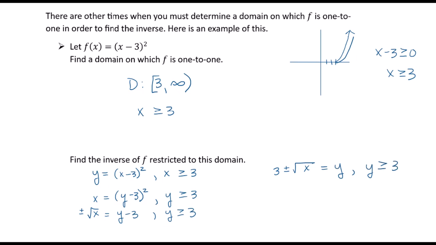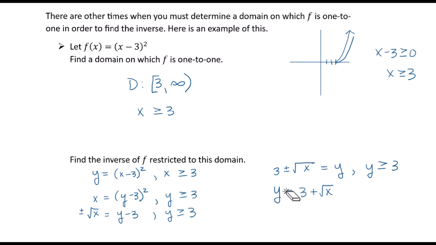Now if y is 3 plus or minus the square root of x, and we want y to be greater than or equal to 3, then we can't be using the subtract square root of x. We go ahead and apply that restriction. So y is equal to 3 plus the square root of x.